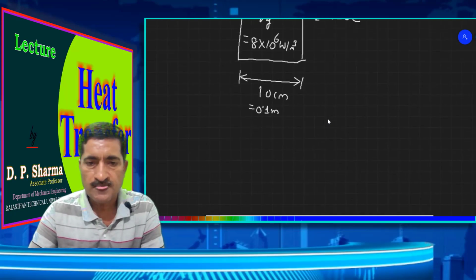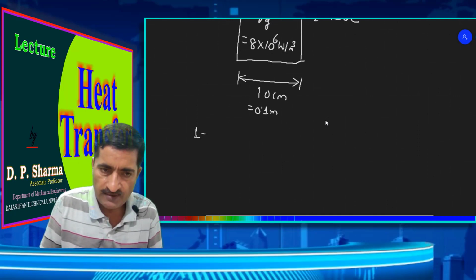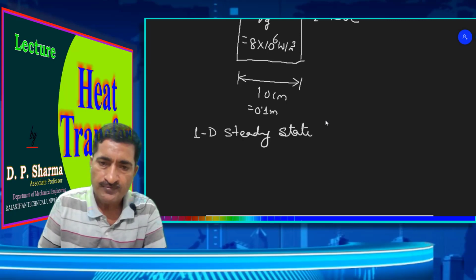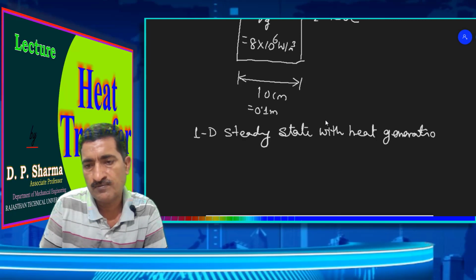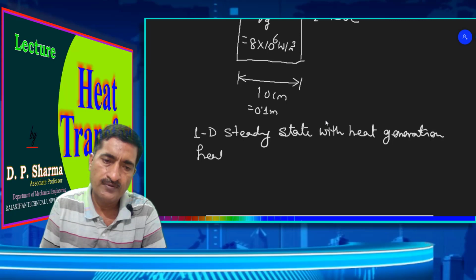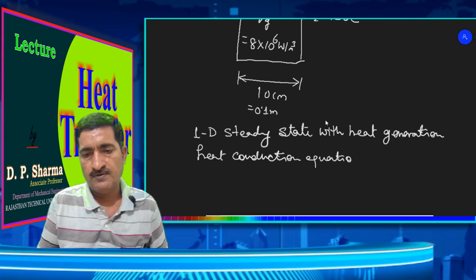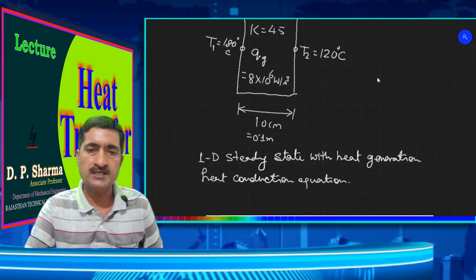Now this problem is one dimensional steady state with heat generation heat conduction, means this equation is based on the one dimensional steady state with heat generation heat conduction equation.